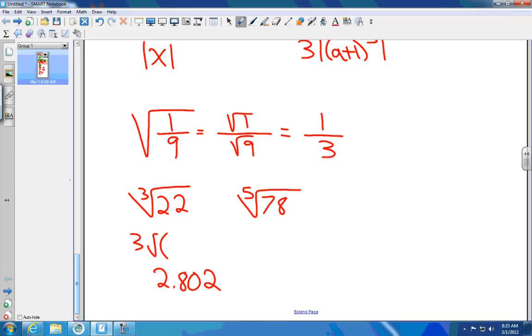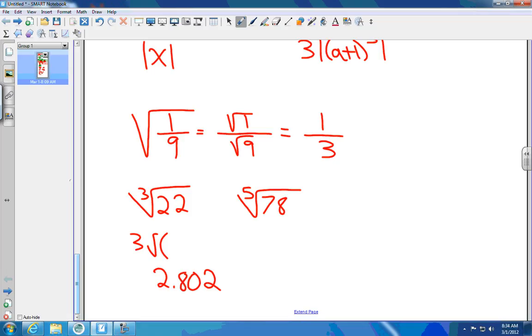This next key will work for any root. So you can choose to use that, or you can choose to use this next one that I'm going to show you. Either way. So what you have to do to type this one in is type your index first. On your home screen, you have to push the 5 first. Then hit your second 0, go back in the catalog, and you're going to go 2 above the cube root that you just went to.